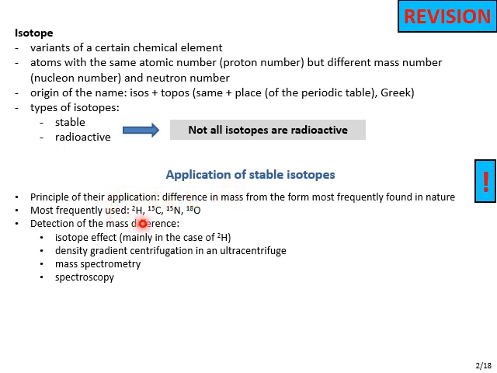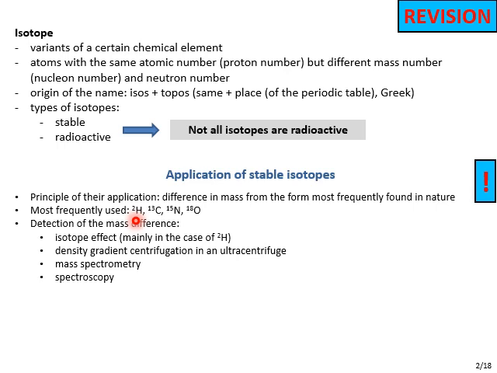Here you can see a couple of such stable isotopes which are commonly used in biology and medicine. For example, deuterium, which is the hydrogen isotope with a mass number of 2.